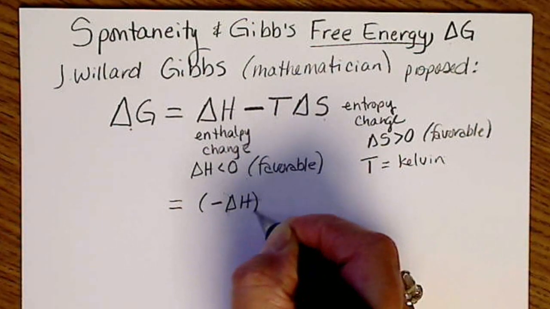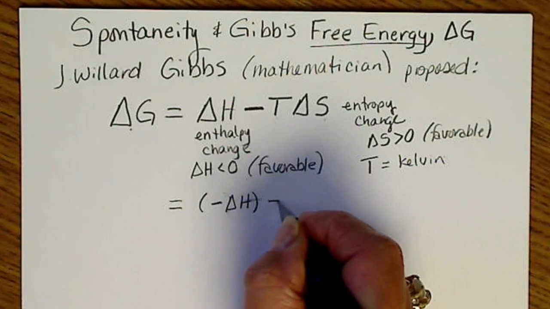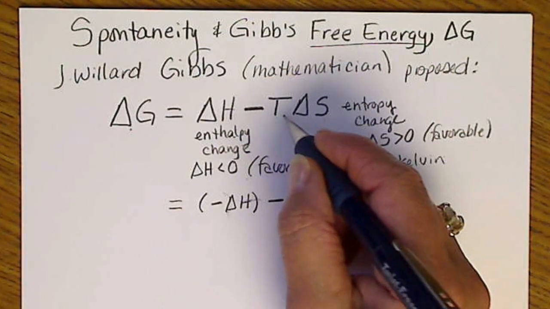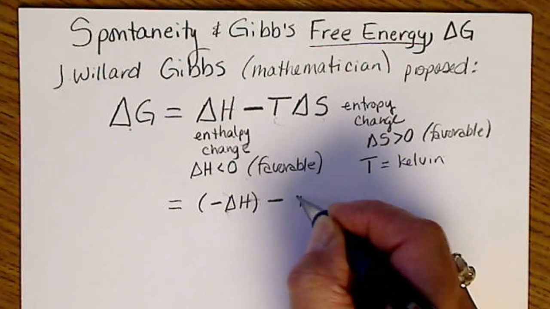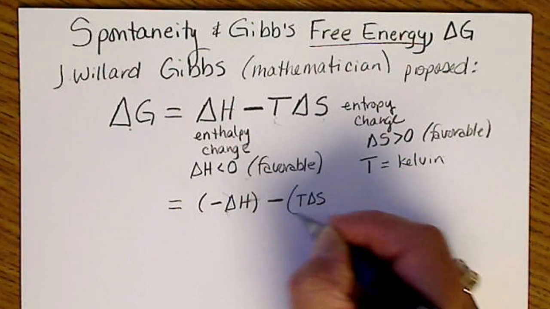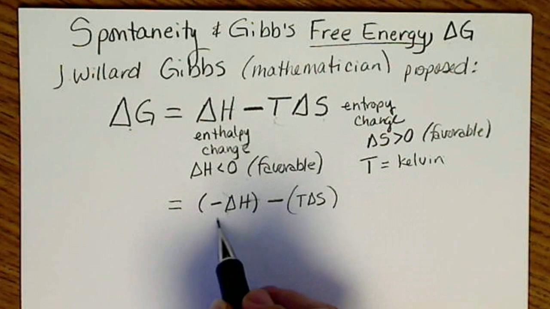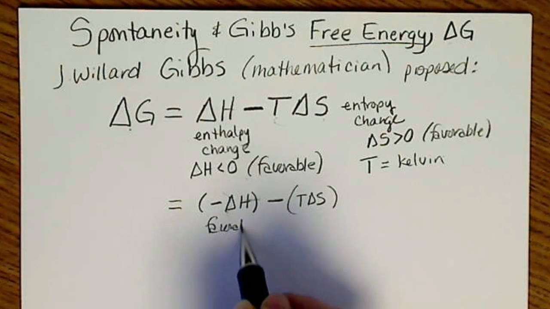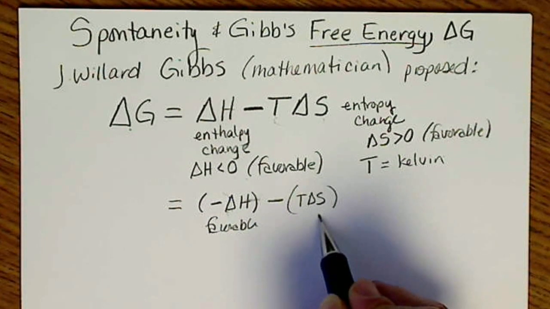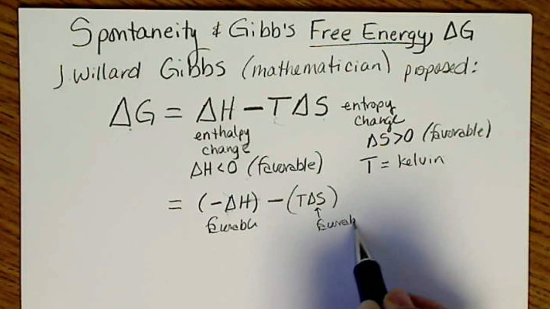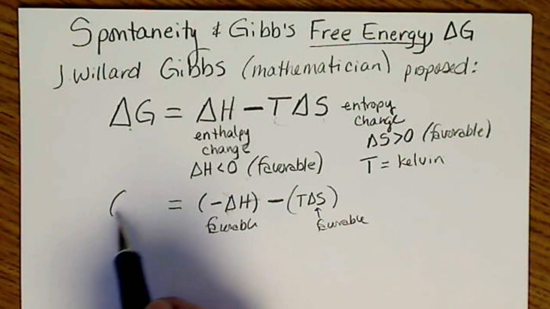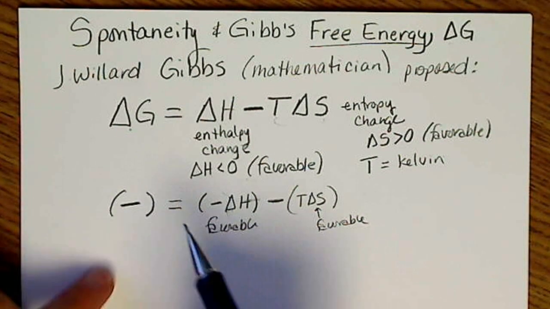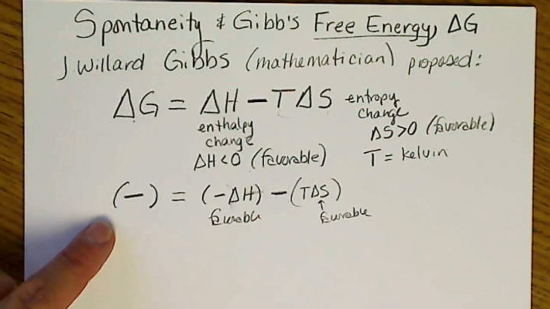If delta H is negative, and we subtract off a positive term here, so a negative and another negative, that's another term, then again this is favorable. We have a negative delta H, and a positive delta S is also favorable. This negative sign here in the equation means that the sign of delta G would also be negative.